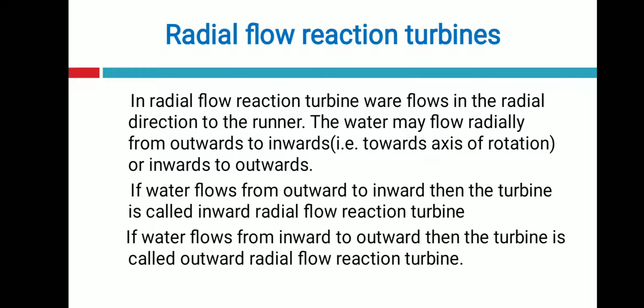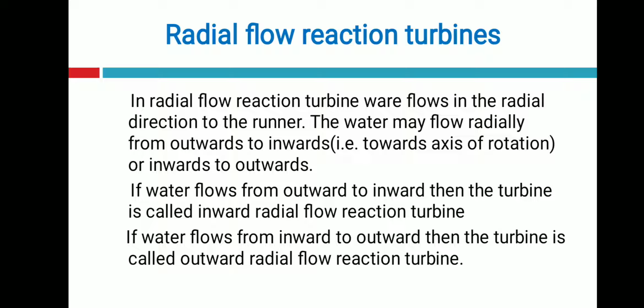Next, coming to the radial flow reaction turbines. Based on the direction of flow of water, we have classified them into two types: inward flow reaction turbine and outward flow reaction turbine. In radial flow reaction turbines, water flows in the radial direction to the runner. The water may flow radially from outwards to inwards, that is towards the axis of rotation, or from inwards to outwards.